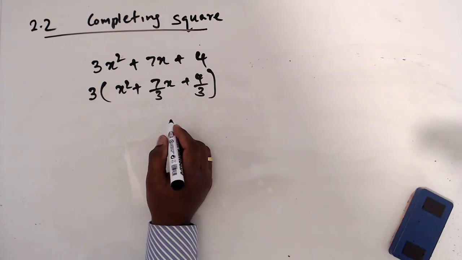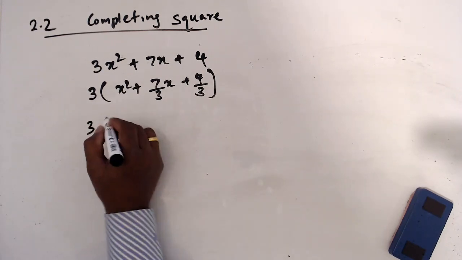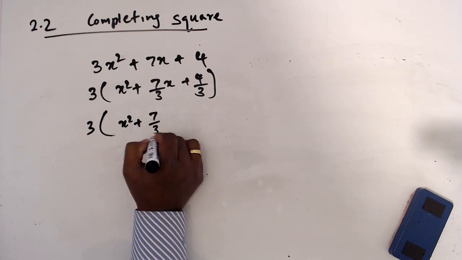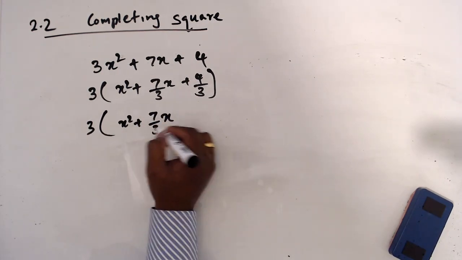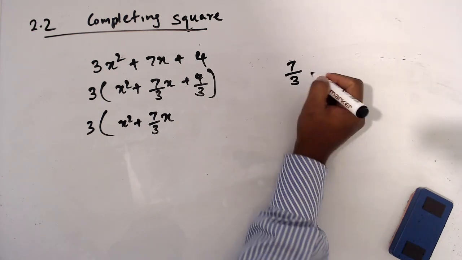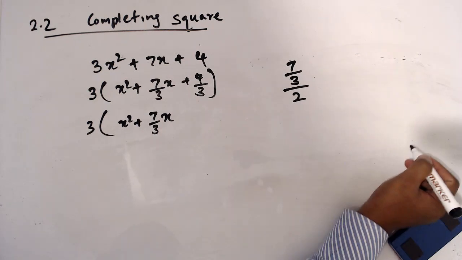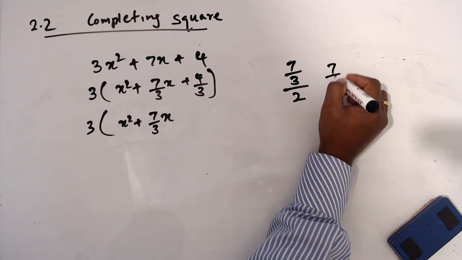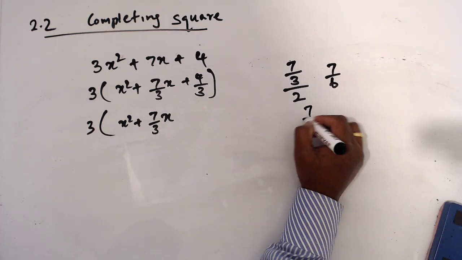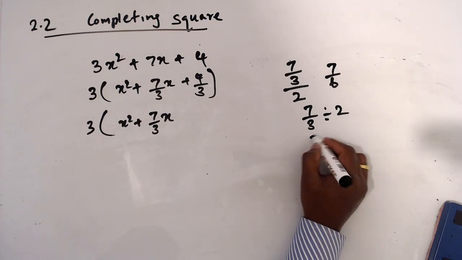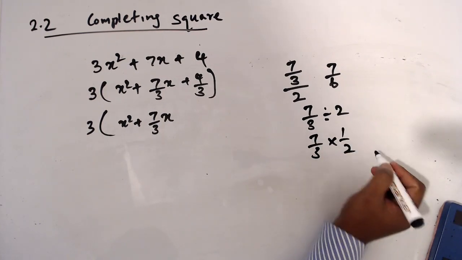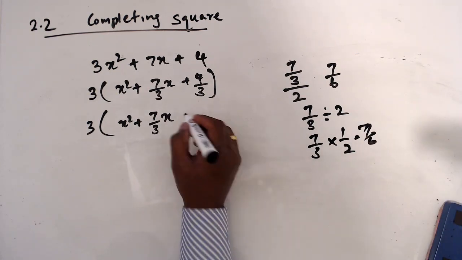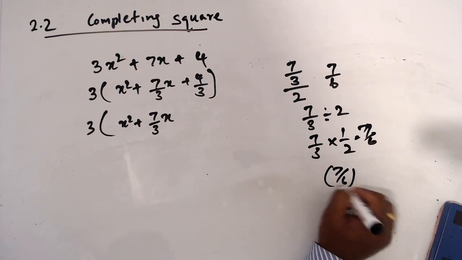Back to the sum again. Keeping 3 out. Now x square plus 7 over 3 x. What is the half of 7 over 3? 7 over 3 you want to divide by 2, so it becomes 7 over 6. You can write 7 over 3 divided by 2, or 7 over 3 multiplied by half, so 7 over 6. Then you want to get 7 over 6 square.